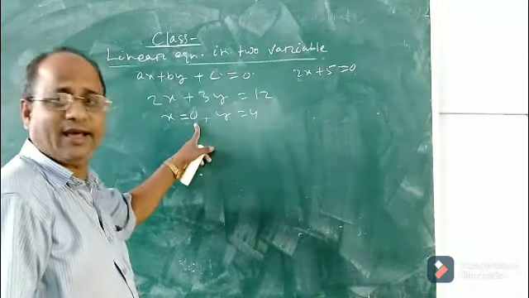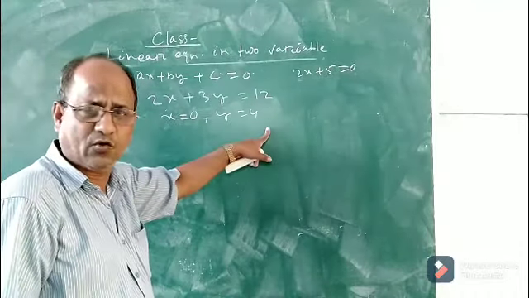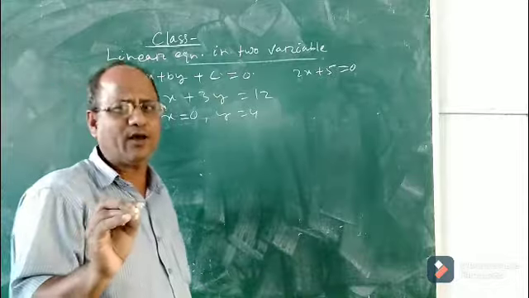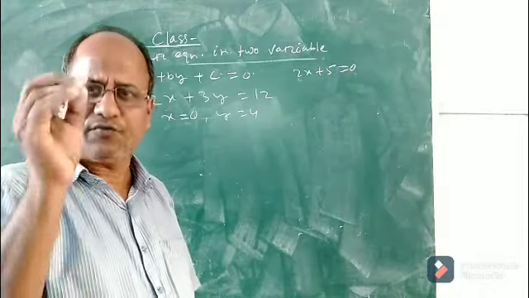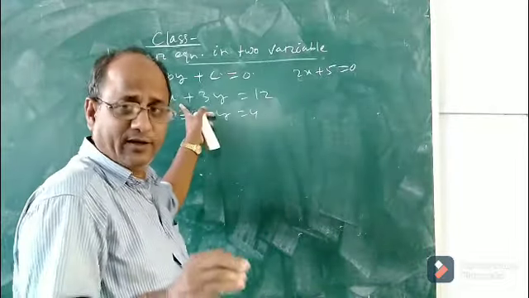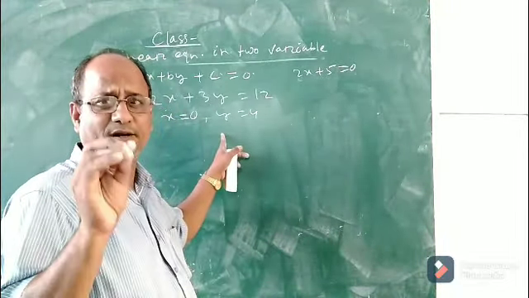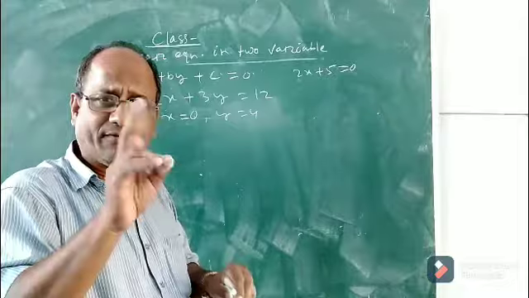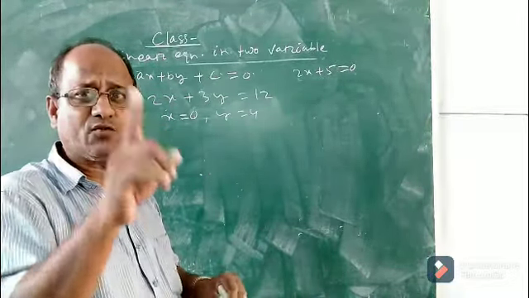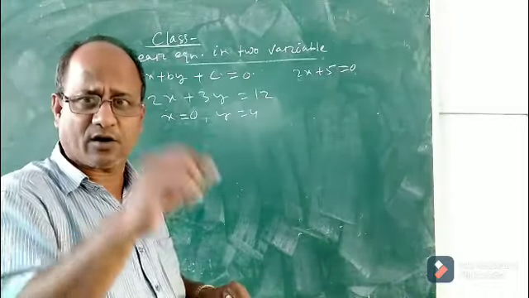What is our aim? Our aim is to find the solution of a linear equation in two variables. To find the solution of a linear equation in two variables, we have to find the value of x and y both, which will constitute one ordered pair.